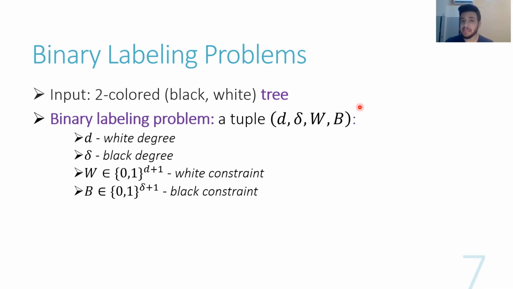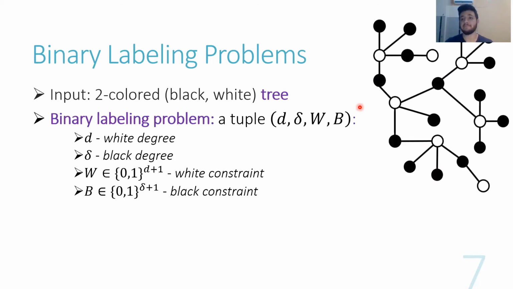And a binary labeling problem is a tuple which consists of D, delta, W, and B, where D is the degree of the white nodes, delta is the degree of the black nodes, and W and B are binary strings of length D+1 and delta+1, respectively, that are the white constraint string and the black constraint string, respectively. So here's, for example, a two-color tree.